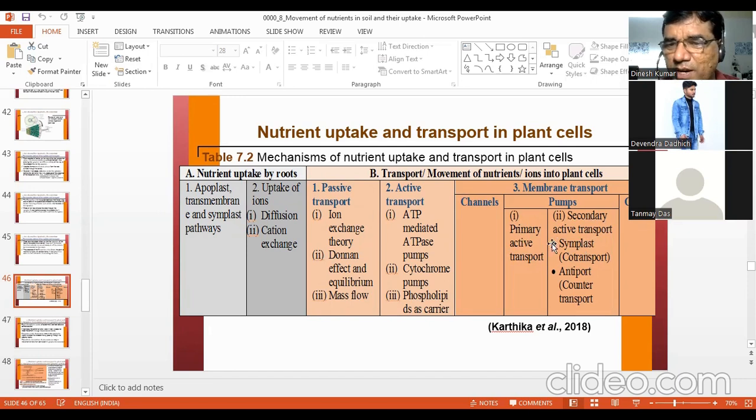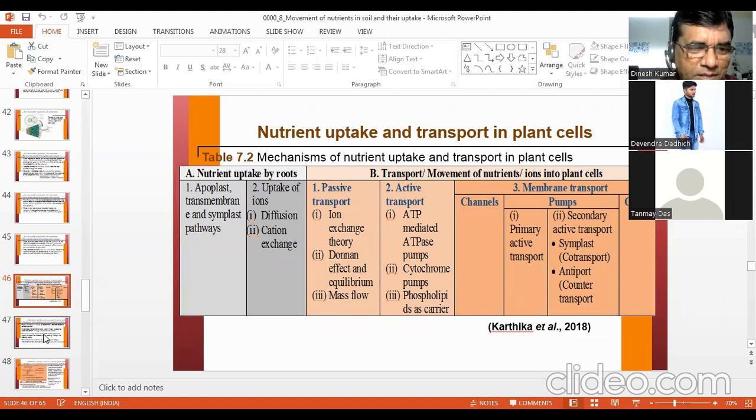In secondary, you get two: one is symport, co-transport is the other word for symport, and antiport. Antiport is counter transport. So this completes the mechanism of nutrient uptake and transport in plant cells. I hope this chart will help in getting a better understanding.